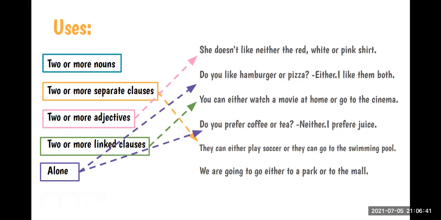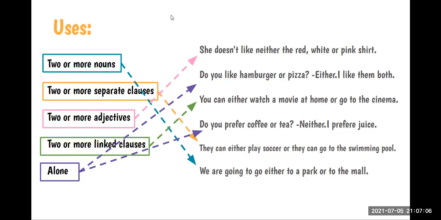One for each clause. And the last one, of course, two or more nouns. We are going to go either to a park or to the mall. Okay, so here we have the first noun and the second noun. Okay? Any questions about the uses of either and neither?